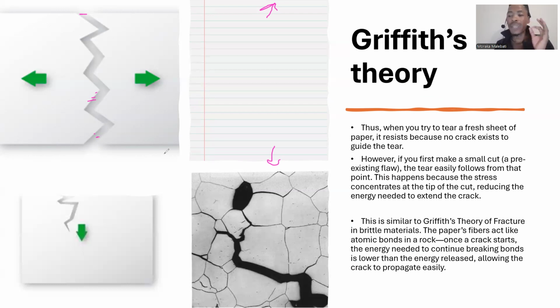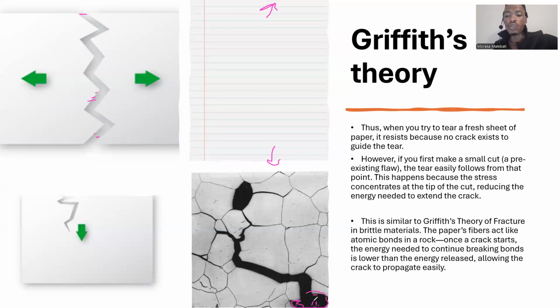The paper fibers act like atomic bonds in a rock. Once a crack starts, the energy needed to continue breaking the bonds is lower than the energy released. This allows the crack to propagate easily. That is the tip that we focus on.